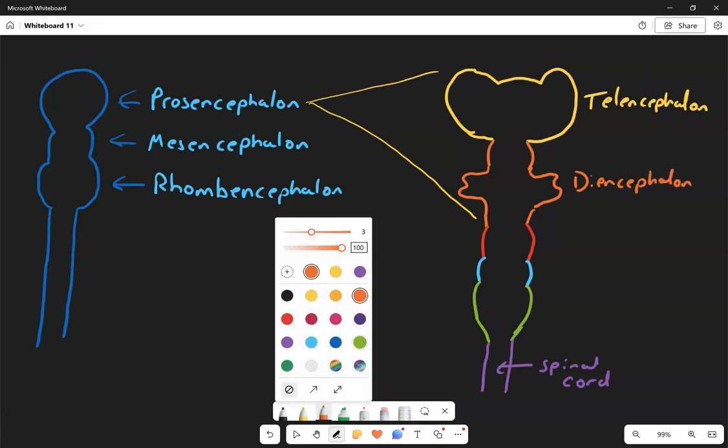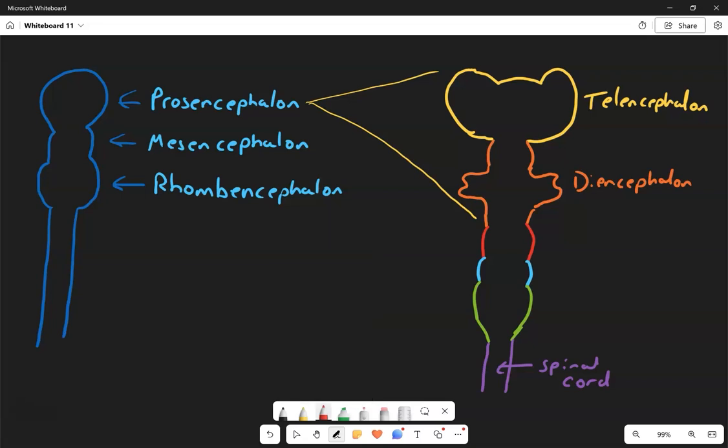Okay. Then you have your mesencephalon, which becomes the mesencephalon. No change in that one.